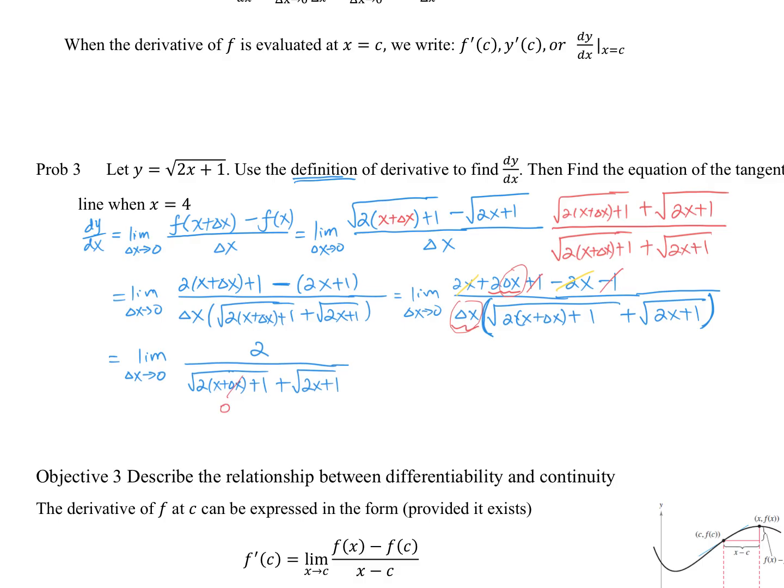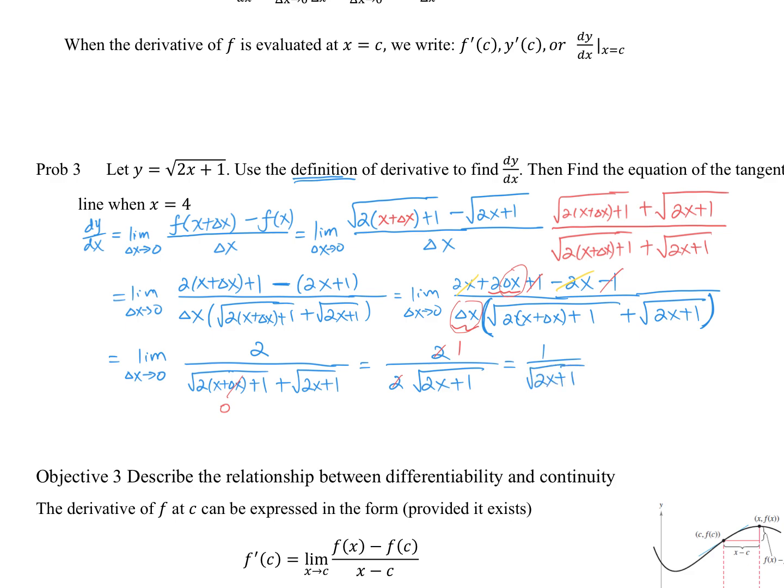So plug that in there. And then after you plug that in, this is square root of 2x plus 1. This is also square root of 2x plus 1. So we actually have 2 square root of 2x plus 1. And these two cancel. We're left with 1 over square root of 2x plus 1.